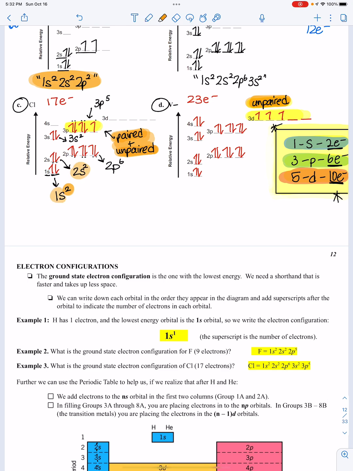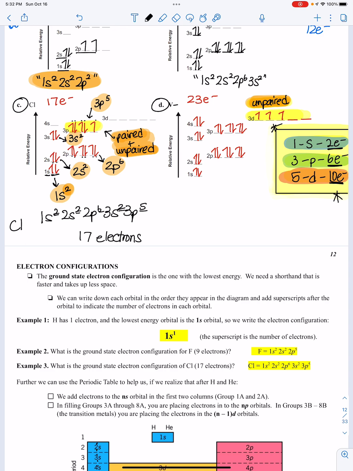All of these together will make our electron configuration: 1s2, 2s2, 2p6, 3s2, 3p5. All of these numbers on top add up to 17, which is the number of electrons in the chlorine atom. The electrons are going to be equal because it's chlorine.